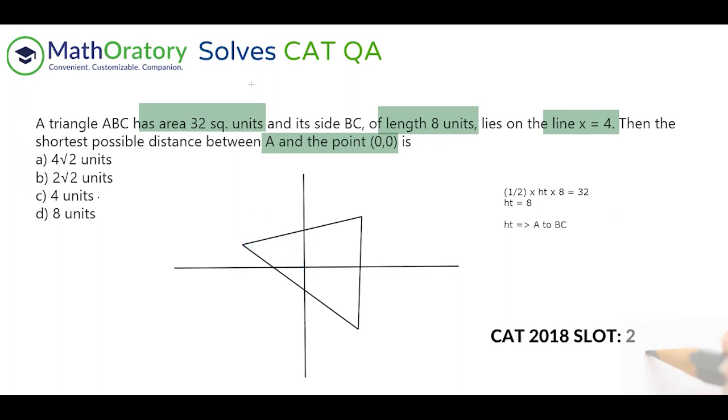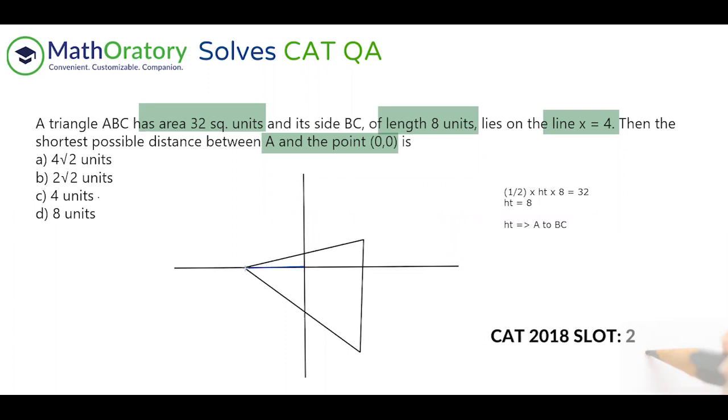So the closest case will be when we place A on the x-axis. In that case, the distance of A from the origin will be simply this distance.